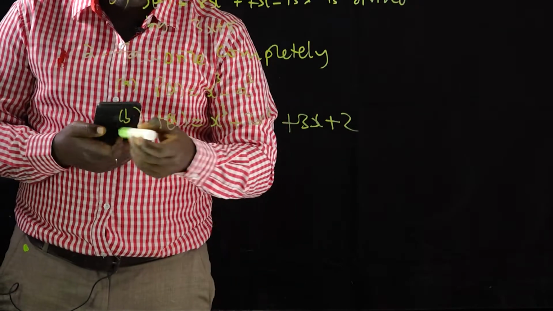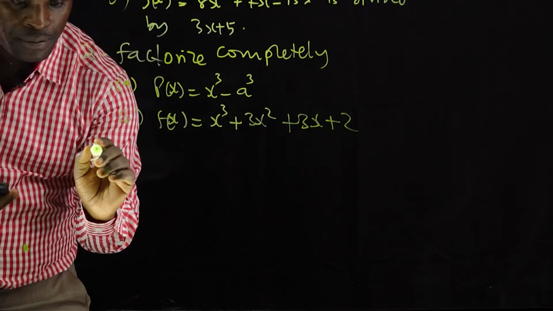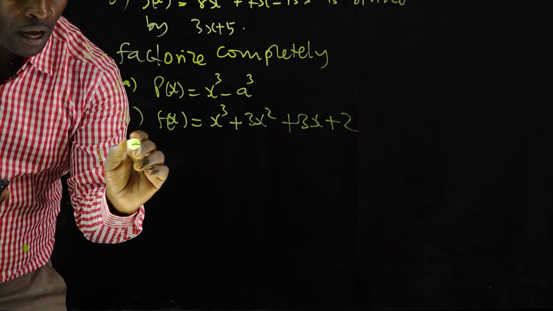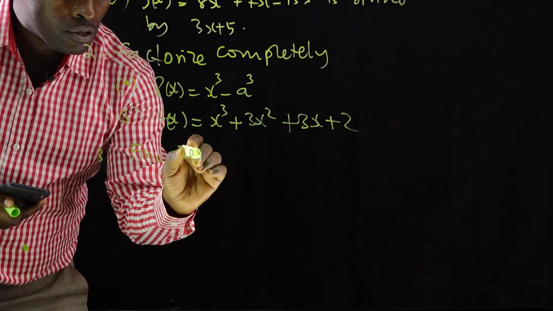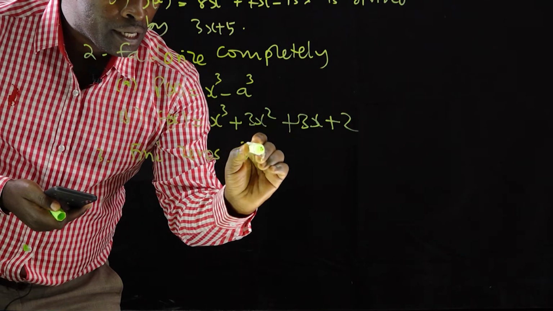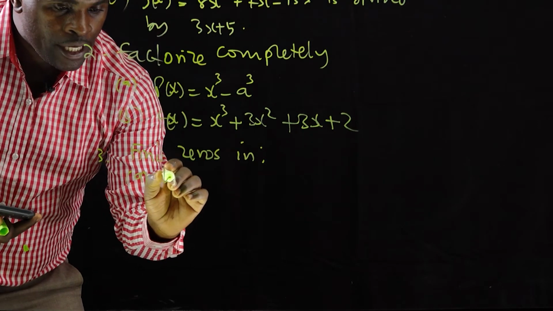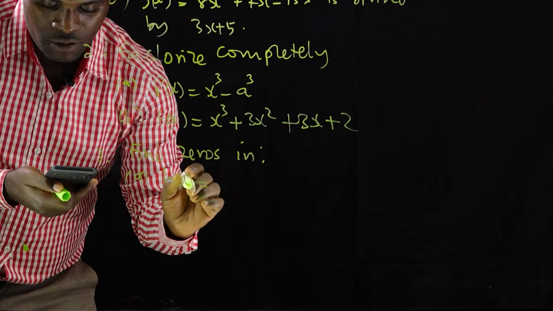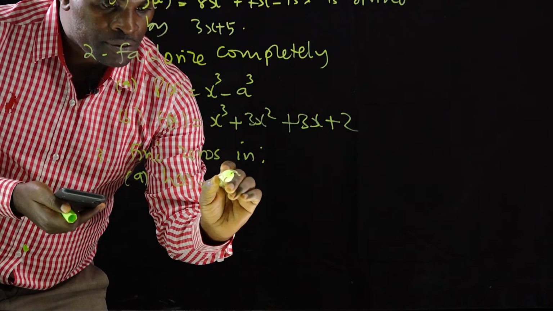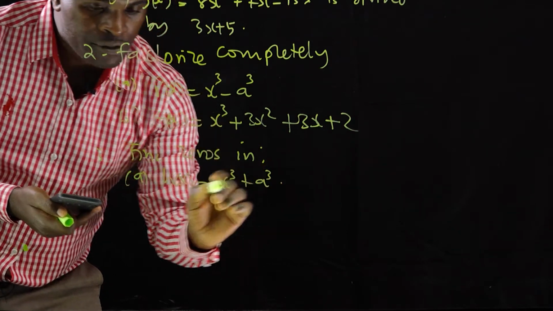This one is for solving. We can say find zeros in h of x equals x power 3 plus a power 3.